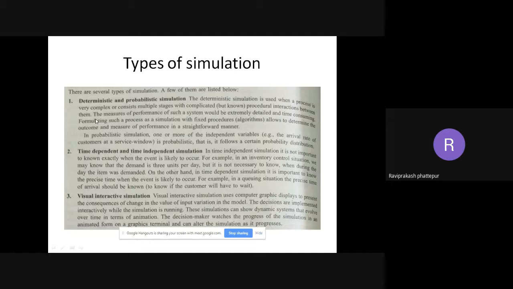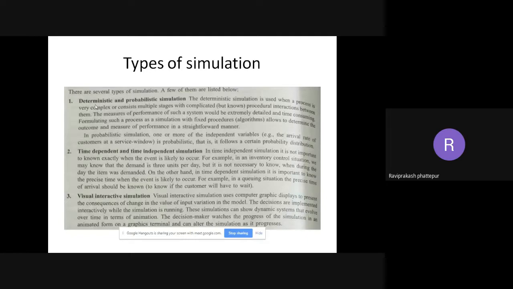It means when it is having multiple stages like rocket engines. So there are multiple stages where different engines are running. Okay, so this is one of the examples where multiple stages are there and it is very complex. Okay, and the systems are working with each other. So at that particular time, we are using the deterministic and probabilistic simulation.